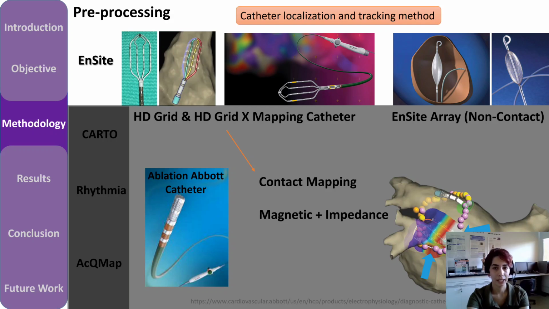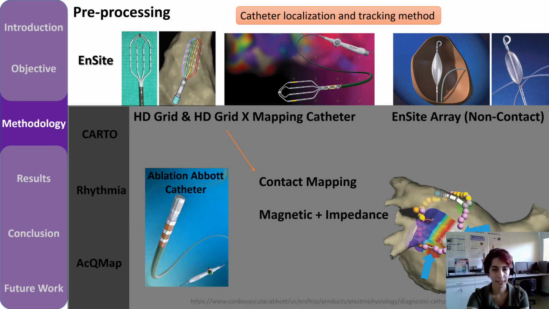And HD Grid X, which is the newest version of the HD Grid, has one sensor at the tip of the catheter, which facilitates the procedure and helps the physicians to create the anatomy more precisely and also faster. Here there is another type of catheter from this system, but it works with non-contact mapping technique because it doesn't need to touch the endocardium to create the anatomy, which is called non-contact mapping.